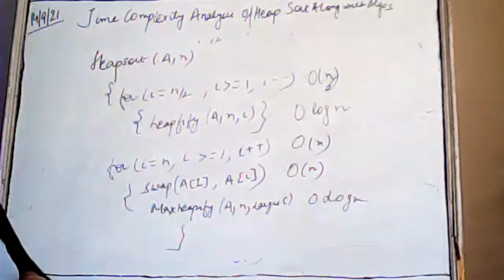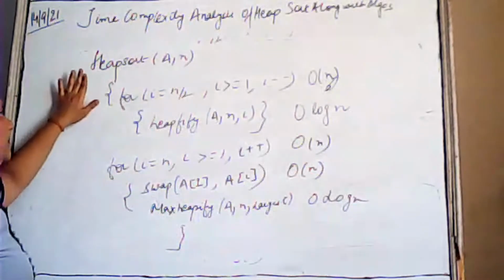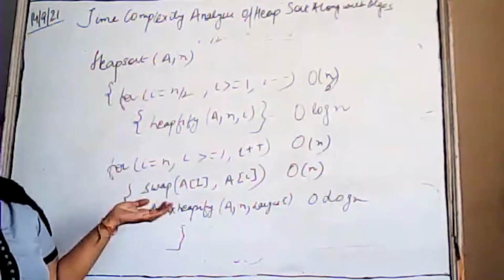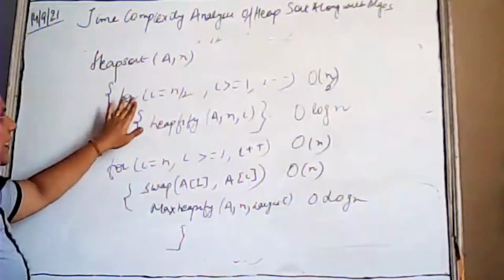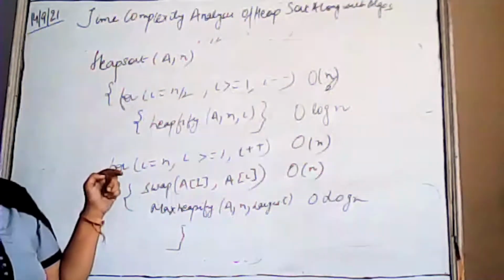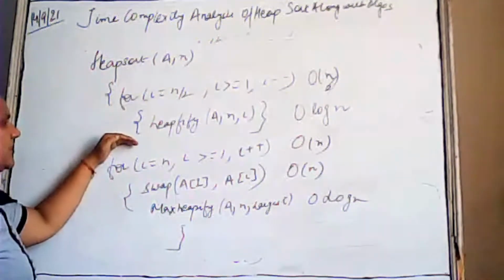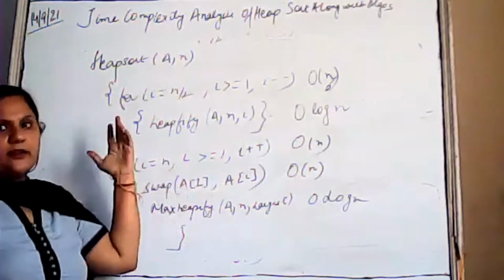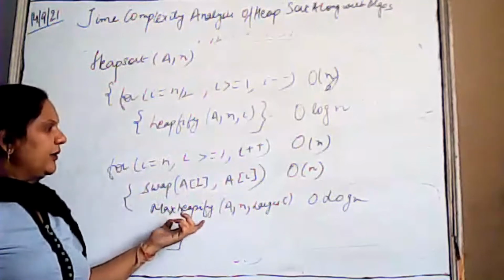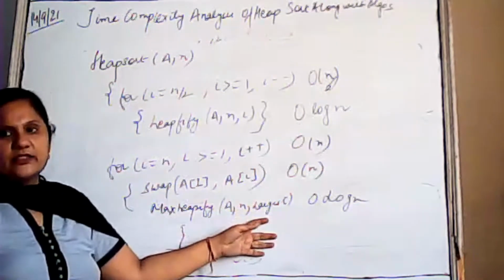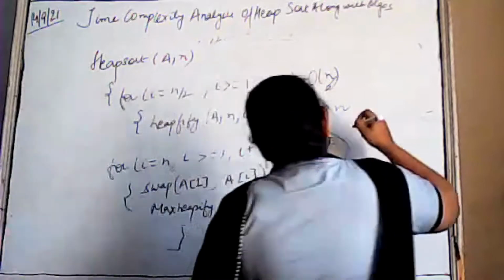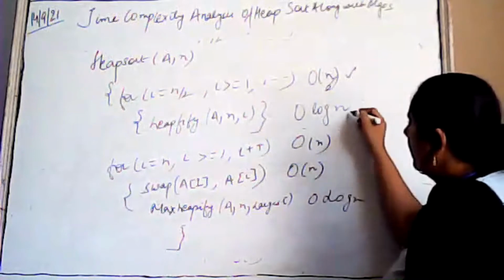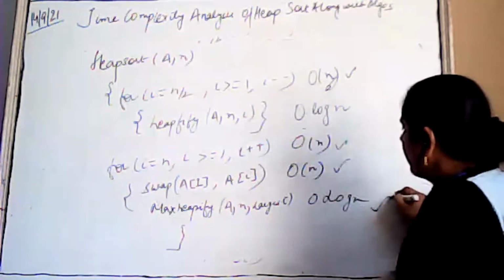Maxify. So I explained the heap sort algorithm. Heap sort A comma n: I already told you that A is an array of elements and n is the number of elements in the array. So for i equal to n by 2, we move to the last parent node in order to heapify this. Once you have heapified, swapping will occur between the last element and the root element, and you will again call the heapify with the largest number. So heapification first of all will take order of n by 2 time, then order of n log n, order of log n, then n, and order of log n.